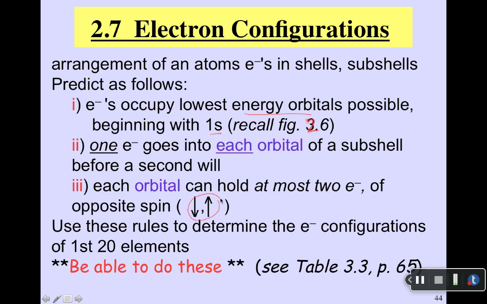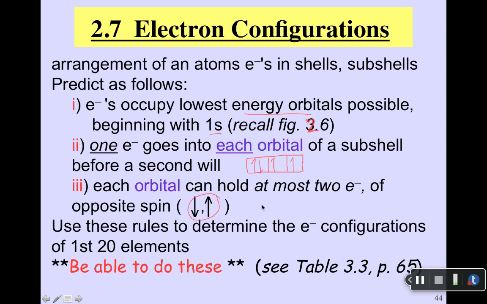And so when you're looking at your homework, you're going to see notations with arrows. So if you have the 3p identical energy subshells, they'll be represented with 3 boxes. And if you need to put electrons in there, you'll put in one at a time before you put in a second one. And they're going to have at most 2, and they're going to be shown with opposite spins.